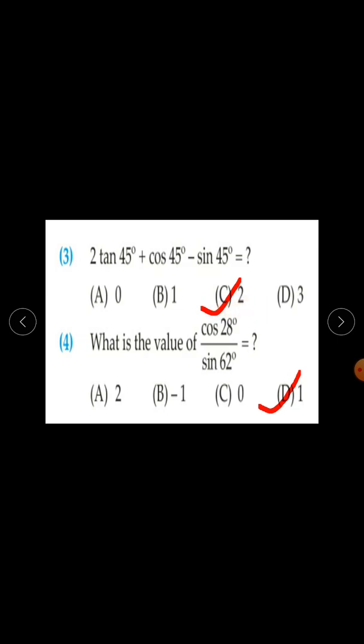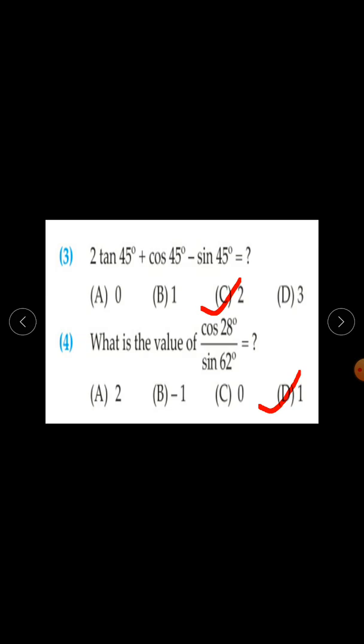Fourth sub question. What is the value of cos 28 degree upon sin 62 degree? So student, change cos into sin or change sin into cos. We know cos theta equal to sin 90 minus theta. So cos 28 degree equal to sin 90 minus 28 degree. So sin 90 minus 28 degree upon sin 62 degree.